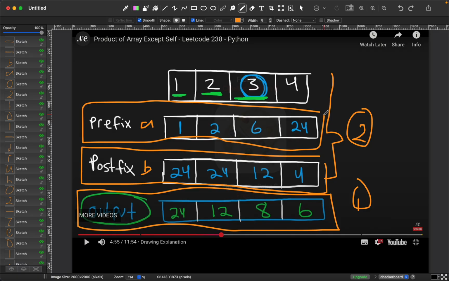In my opinion, there's only two items that they are using. They are using A and B as part of their ingredient to solve this whole thing.